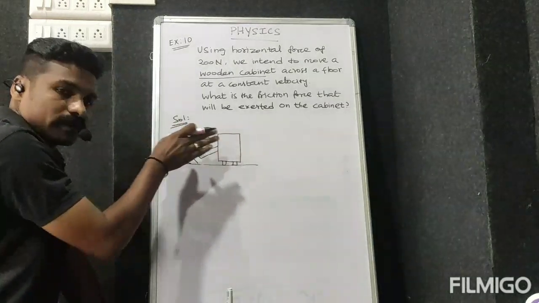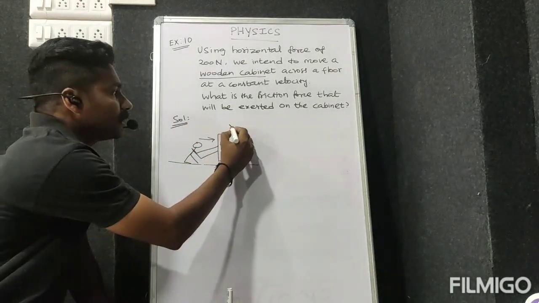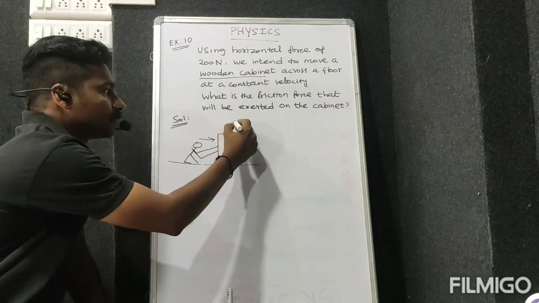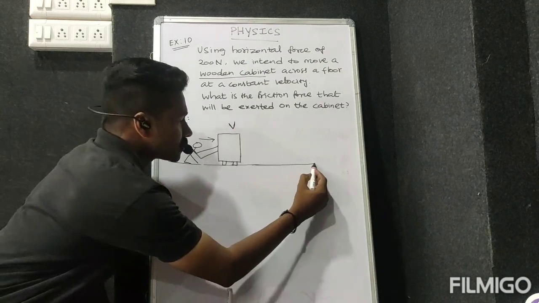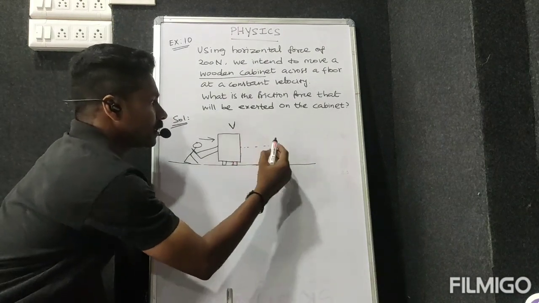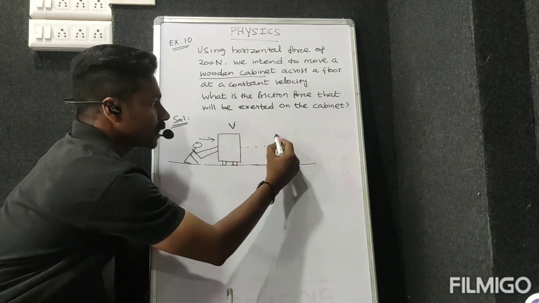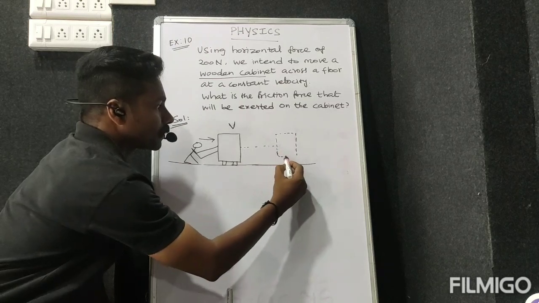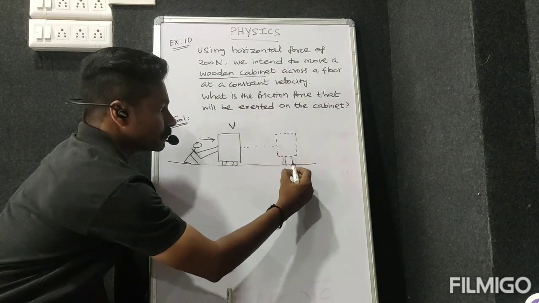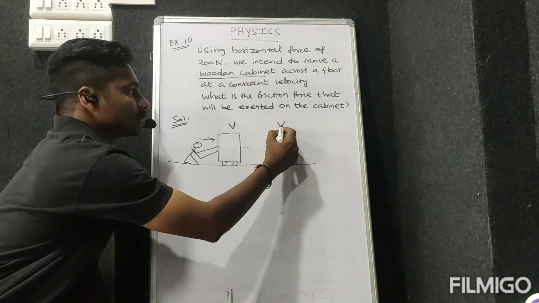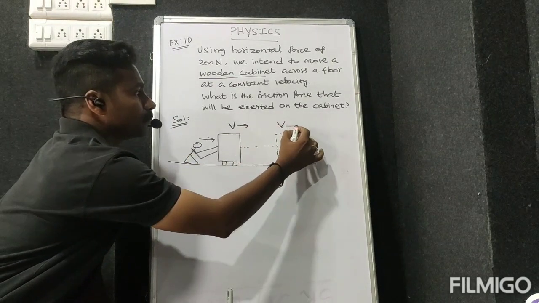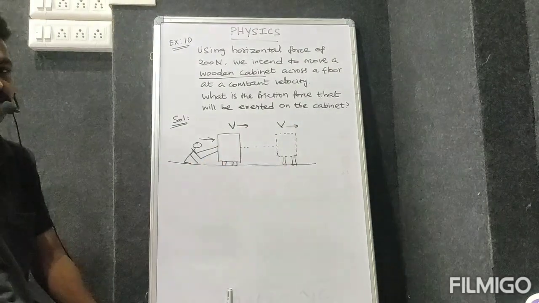It will start to move with some velocity v, and after some time it will move from here to here with the same velocity v, because that is the constant velocity.